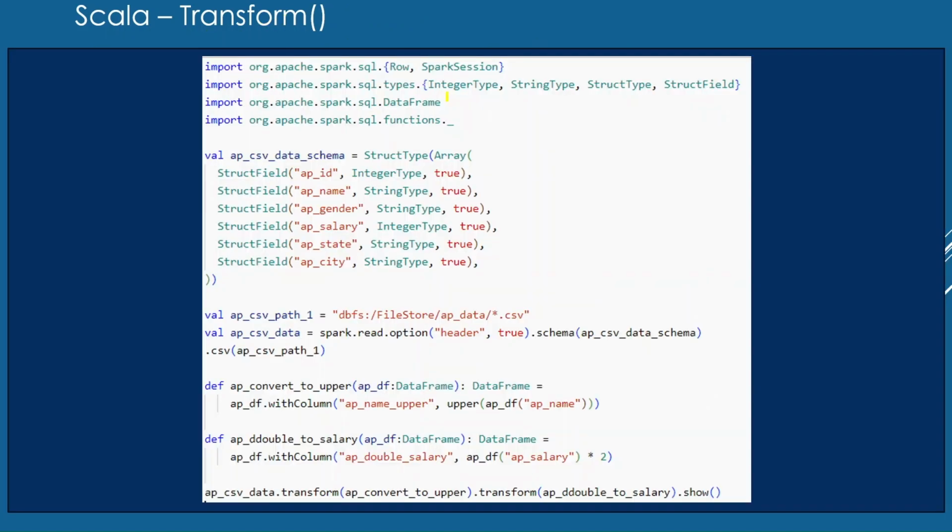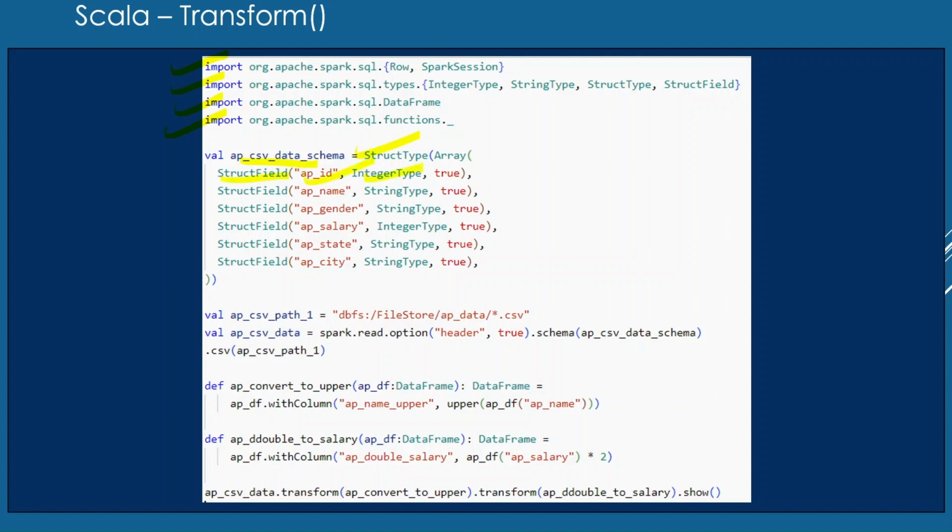For this I have just created this exercise. In this exercise, I am importing all the required libraries here. I am creating a data frame with the help of StructType and StructField.